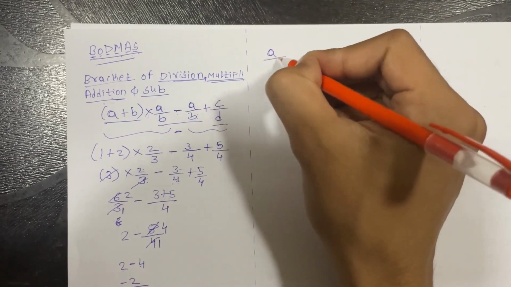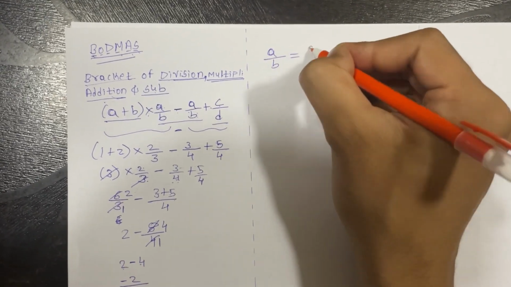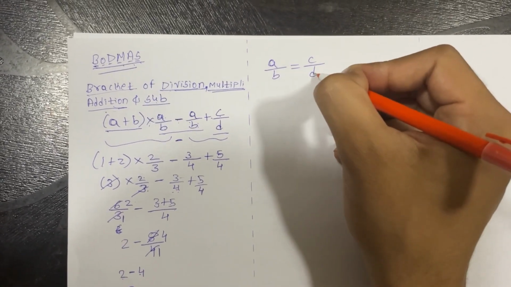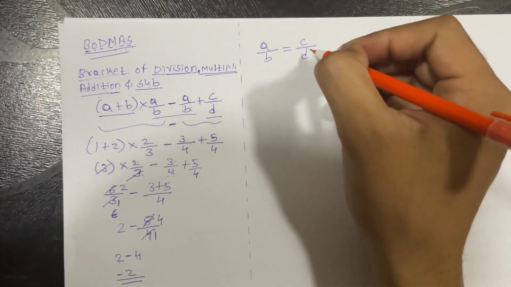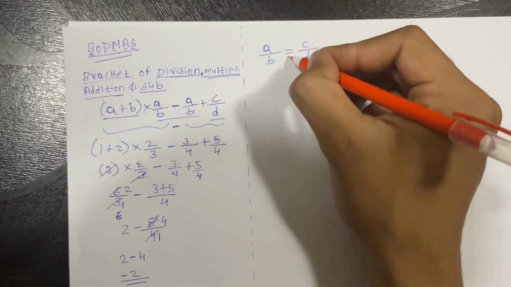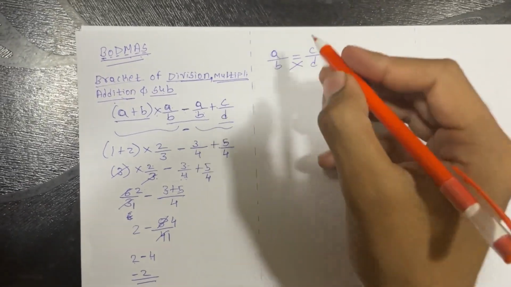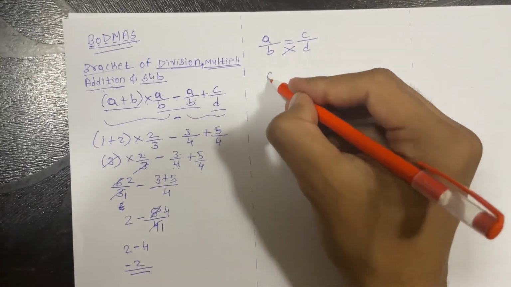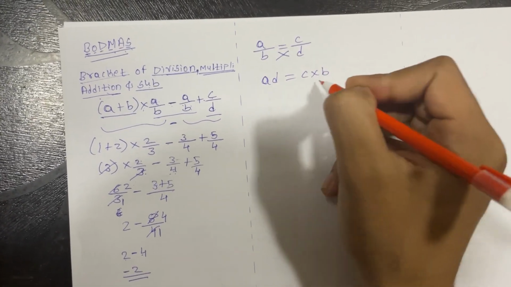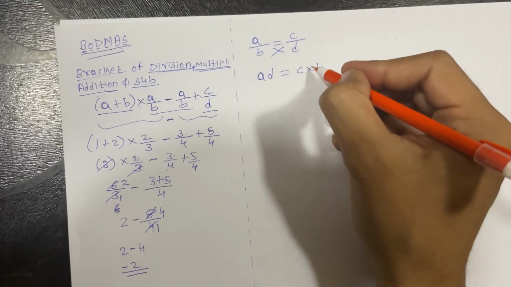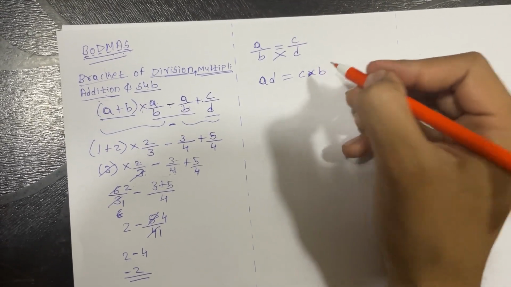If we are given A by B is equal to C by D, then we can solve this equation by cross multiplying. As I said, the cross multiplication will be A into D is equal to C into B. So we can solve this by cross multiplication.